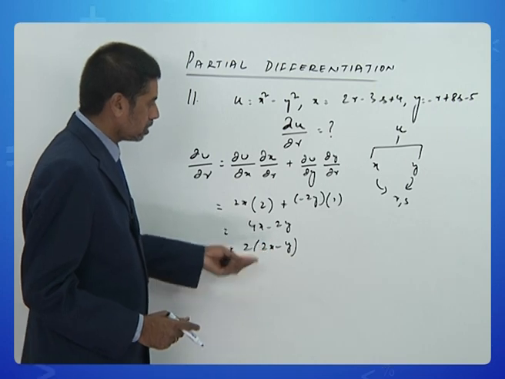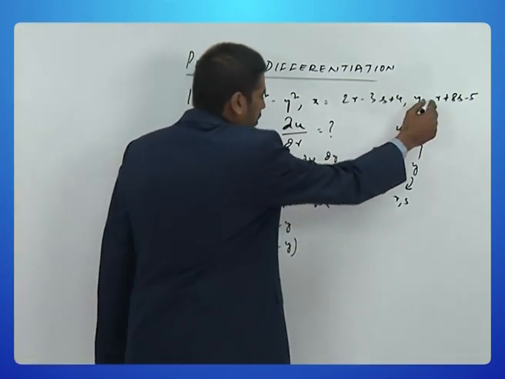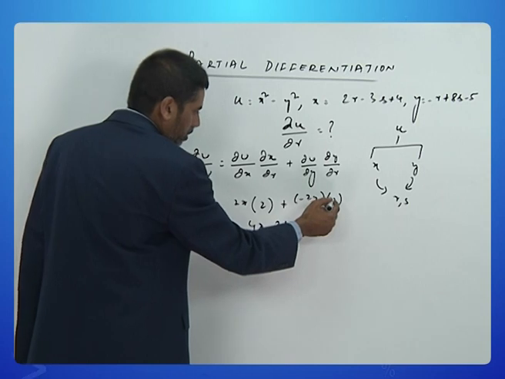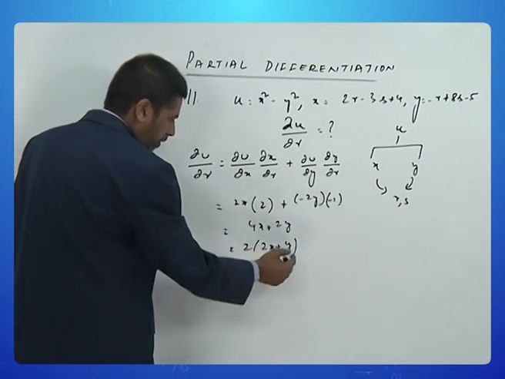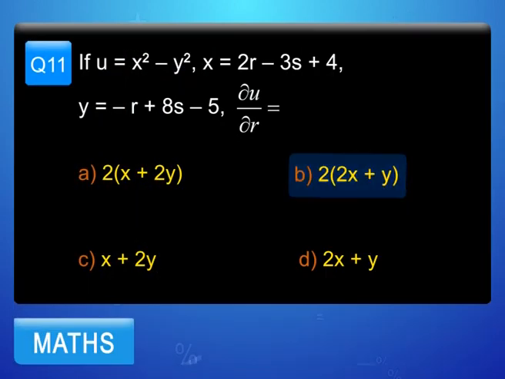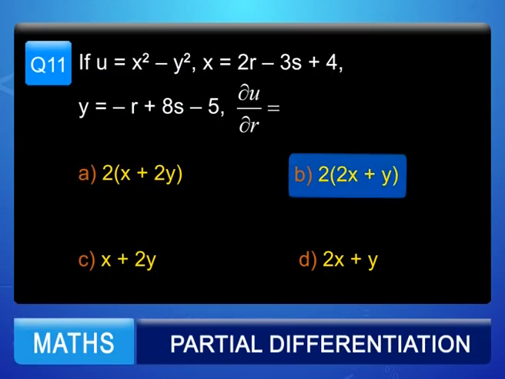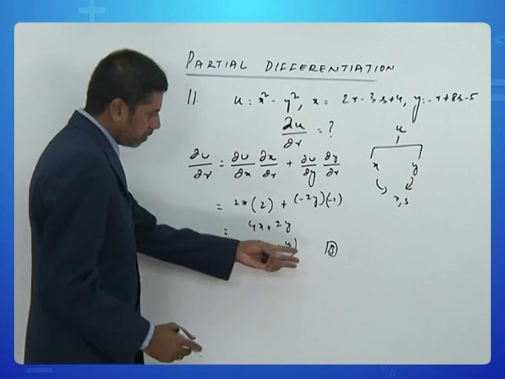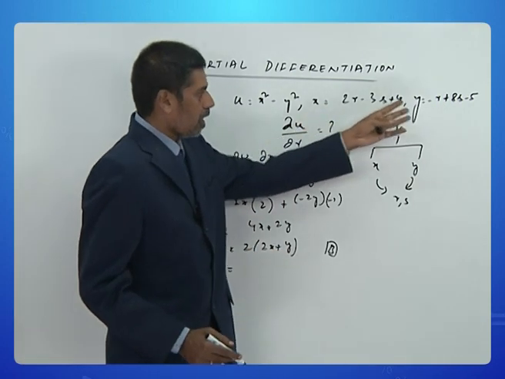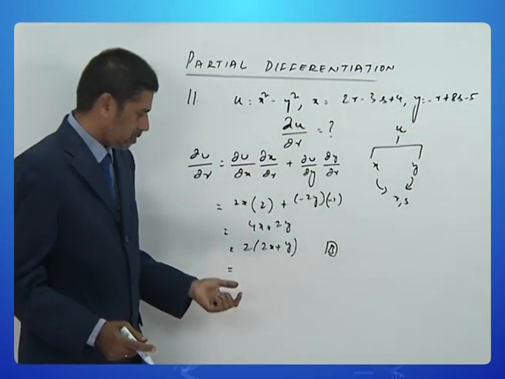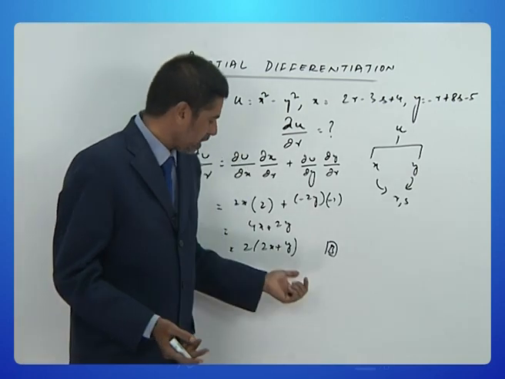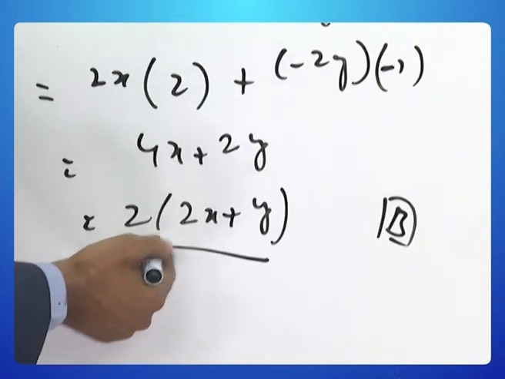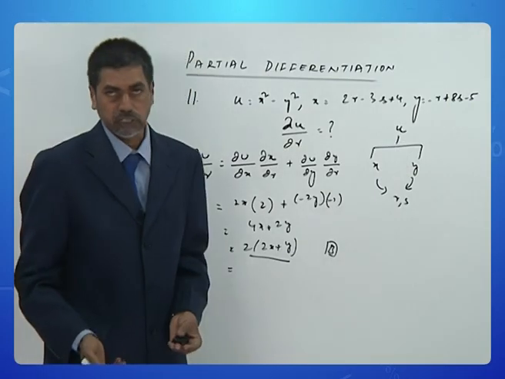Either now we have minus r here, therefore you will have a minus 1 here, so it will become plus. So you can leave it at this. Given the options, this is option number B, but one can even express the answer in terms of r and s, but that has to be decided by the student by looking at the context. So we can stop it here because this option appears in the list. So let's go to the next problem.